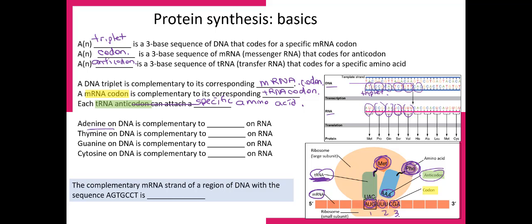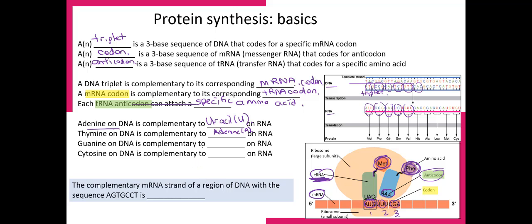When we're talking about complementarity between DNA and RNA, what we can see here is if you have adenine on the strand of DNA, it is complementary to uracil, or U, on the RNA strand. If you have thymine on the DNA strand, it's complementary to adenine, or A, on the RNA strand.